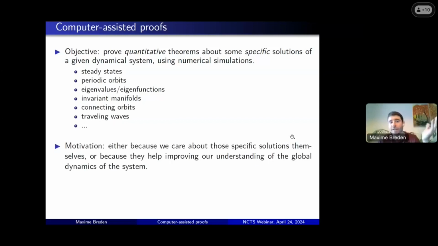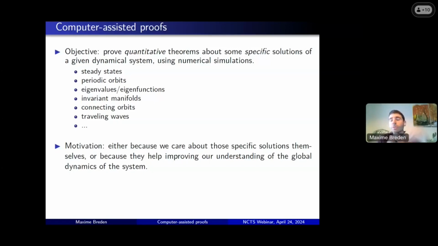As I said, either you care about these specific solutions because they are interesting in and of themselves. Apparently, Olivier gave a talk to at least some of you yesterday where he talked about the figure 8 in celestial mechanics. This is a good example of a specific solution which has been very interesting to many mathematicians before.